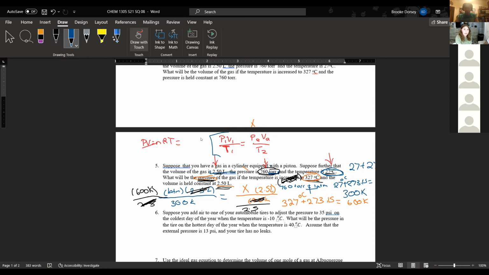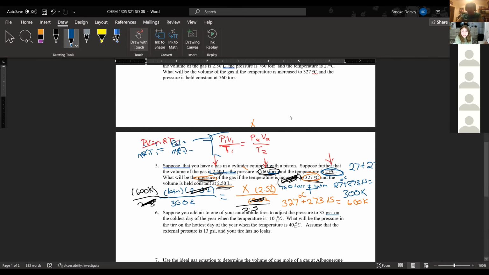If you wanted to use PV over nRT equals PV over nRT, with 1s on one side and 2s on the other, you would just start canceling out, you wouldn't need your moles or constants, and you'd eventually get the same equation. So if you want to memorize just one equation and know how to manipulate it, it's the same thing. I just like this one off the bat. It's also known as the combination gas law in your book. So these two I like to play around with a lot, but that's just me. Okay, thank you. No problem.